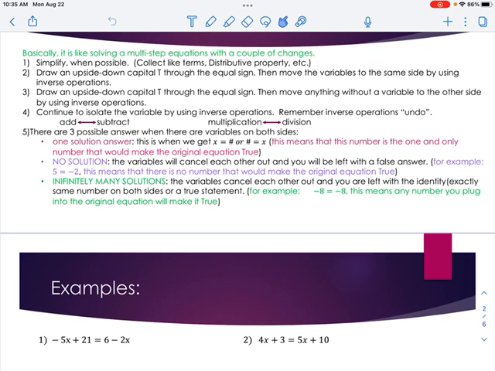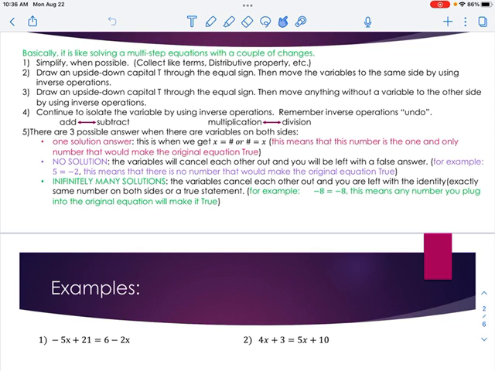Now, the second other special one is infinitely many solutions. Now, infinitely many solutions, just like with no solution, the variables will cancel out, but you will be left with the identity, which is exactly the same thing on both sides of the equal sign, or you will be left with a true statement. Now, what does that look like? So your x is canceled out, and you're left with something like -8 equals -8.